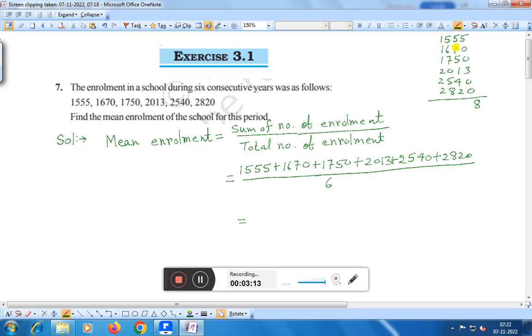Then 5 plus 7 is 12, 12 plus 5 is 17, 17 plus 1 is 18, 18 plus 4 is 22, plus 2 is 24, carry 2, here it is 4. Now the third digit: 8 plus 2 is 10, 10 plus 5 is 15, 15 plus 7 is 22, 22 plus 6 is 28, 28 plus 5 is 33. That gives 12,348.